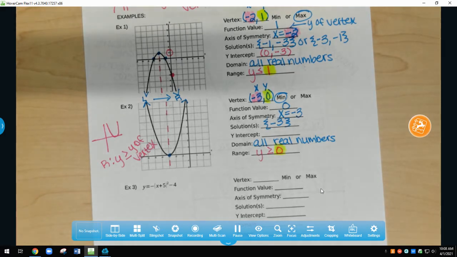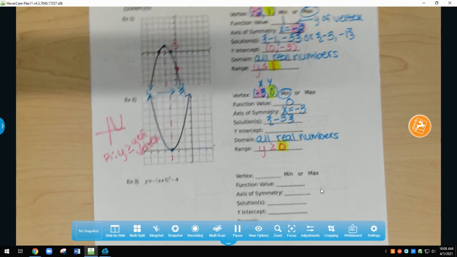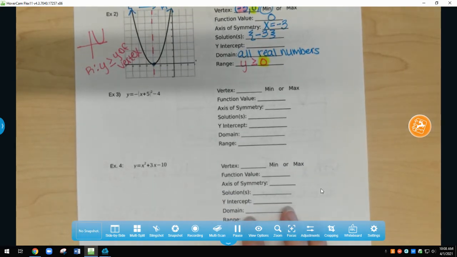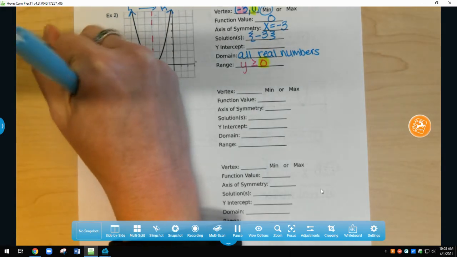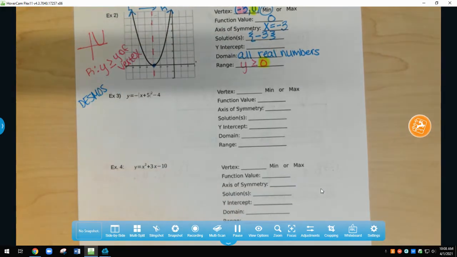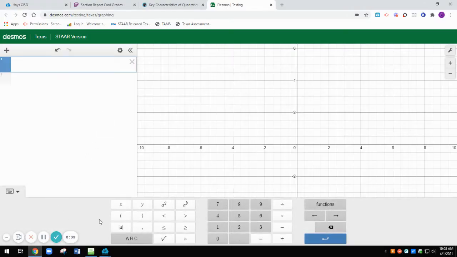Okay, so when they give you the graphs, you just need to look and identify. Now, if they give you an equation, we can put this equation into Desmos. So we're going to go to Desmos. We have y equals negative (x plus 5) squared minus 4.